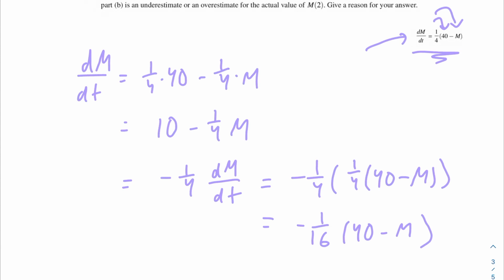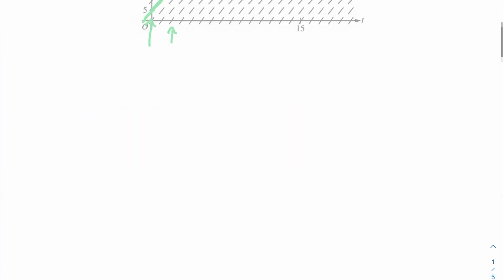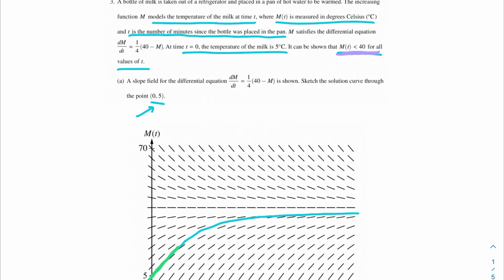Believe it or not, this is actually enough information for you to answer the question of whether part B was an underestimate or an overestimate. The reason why is, remember that m was going to be, let's scroll back up to the beginning of the problem. Remember that m was going to be less than 40 for all values of t.